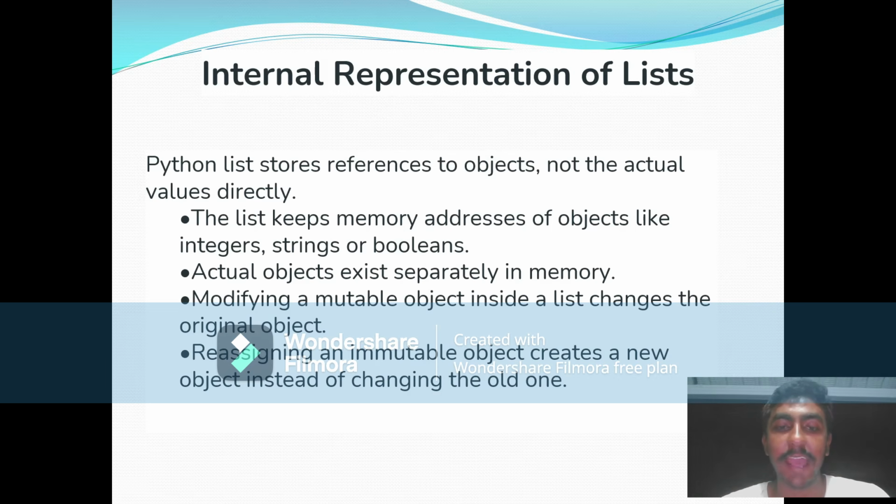It does not contain the actual person. It only stores information about the person, like their name and phone number. Similarly, a list stores references to the objects, not the objects themselves. For beginners, this is enough to understand. Later, when you study data structures or memory management, you will learn this concept in greater detail.